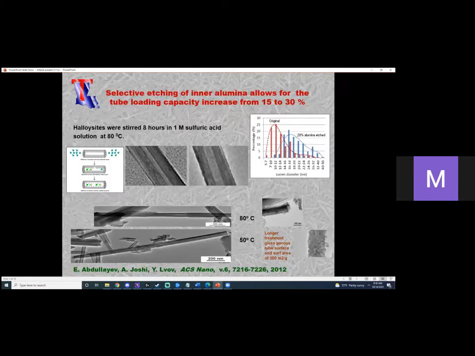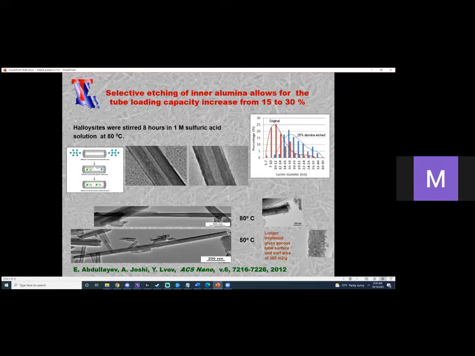Okay, and then another method, additionally through the initial pH and other properties, is that we can selectively etch the inner alumina, where we increase the loading capacity of the halloysite from 15 to 30%. This is usually done by stirring halloysite for roughly 8 hours in 1 M sulfuric acid at 80 degrees Celsius.